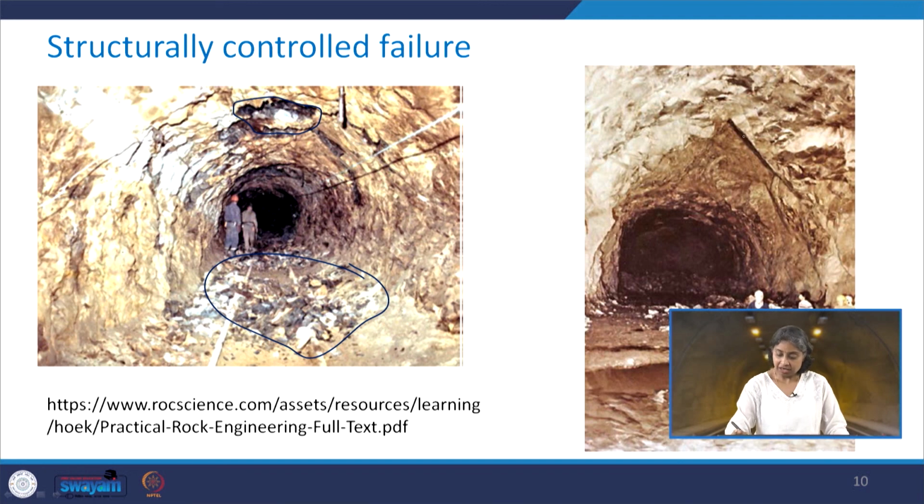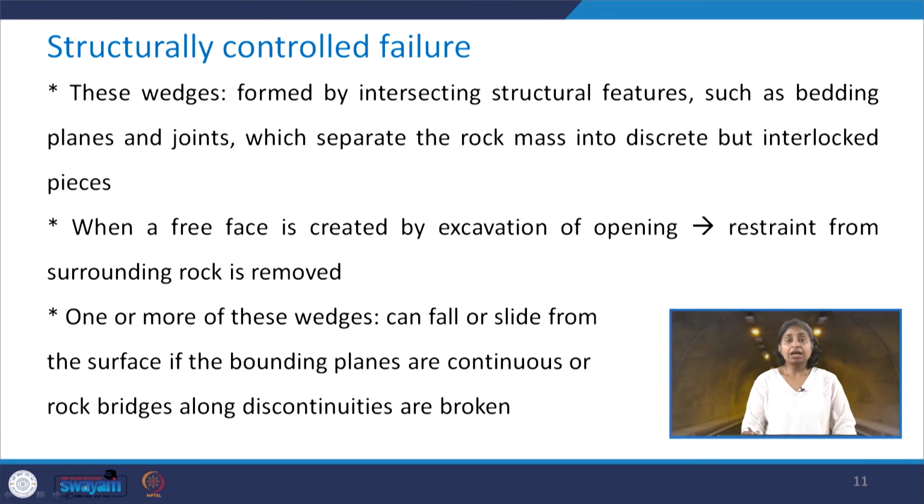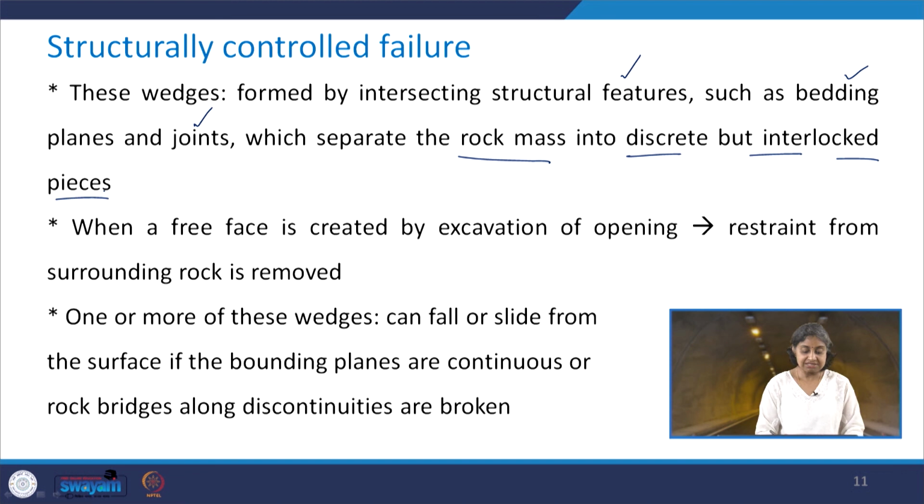Similarly, here you see a wedge has already fallen from this part of the excavation. These wedges are formed by the intersection of structural features, which can be bedding planes and joints, and these separate the rock mass into discrete but interlocked pieces.